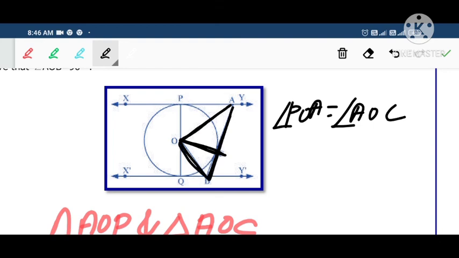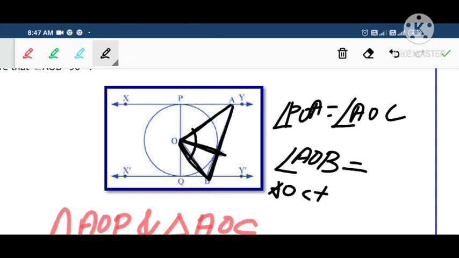Angle AOB can be written as the sum of angle AOC plus angle BOC.